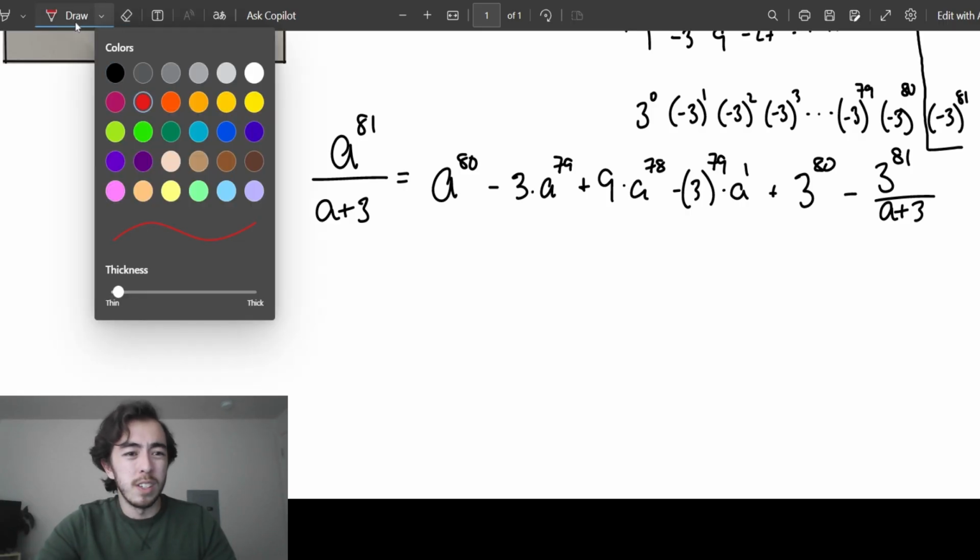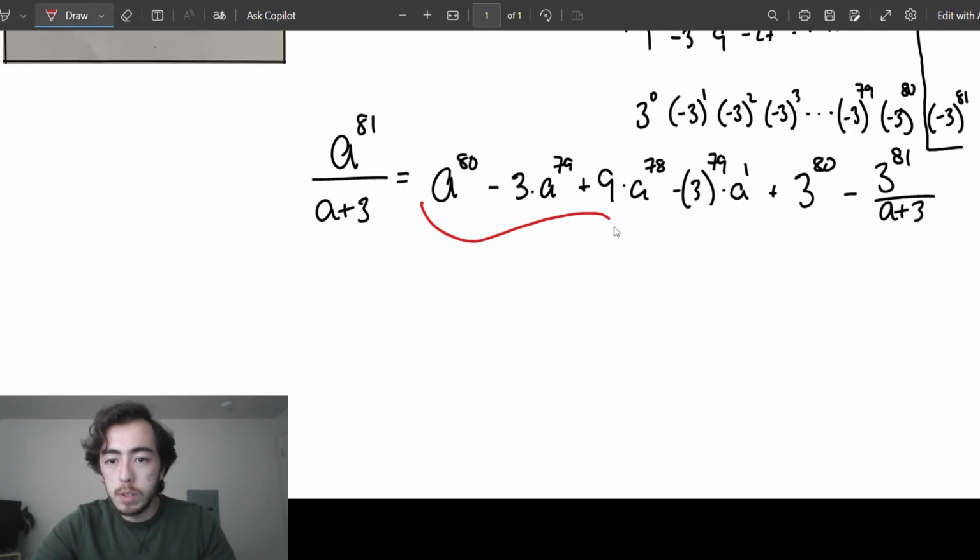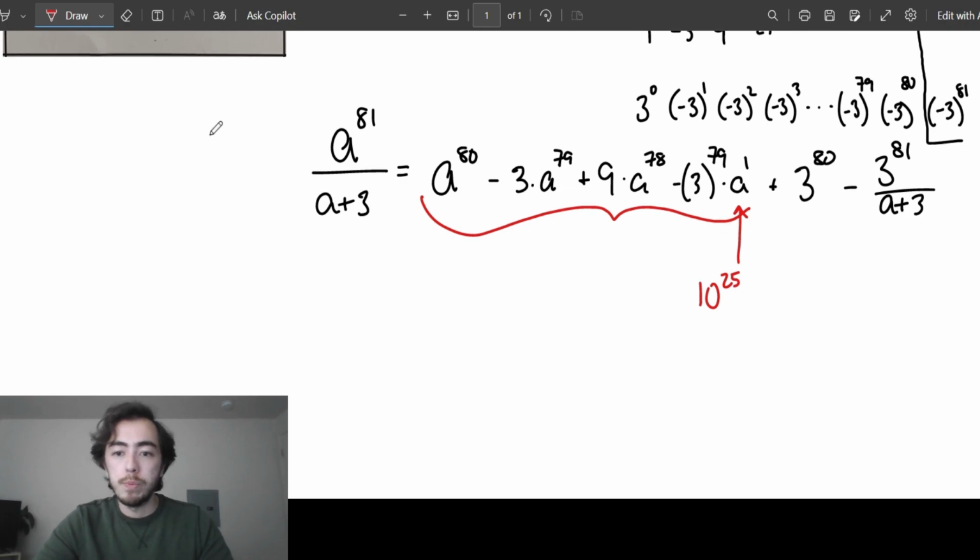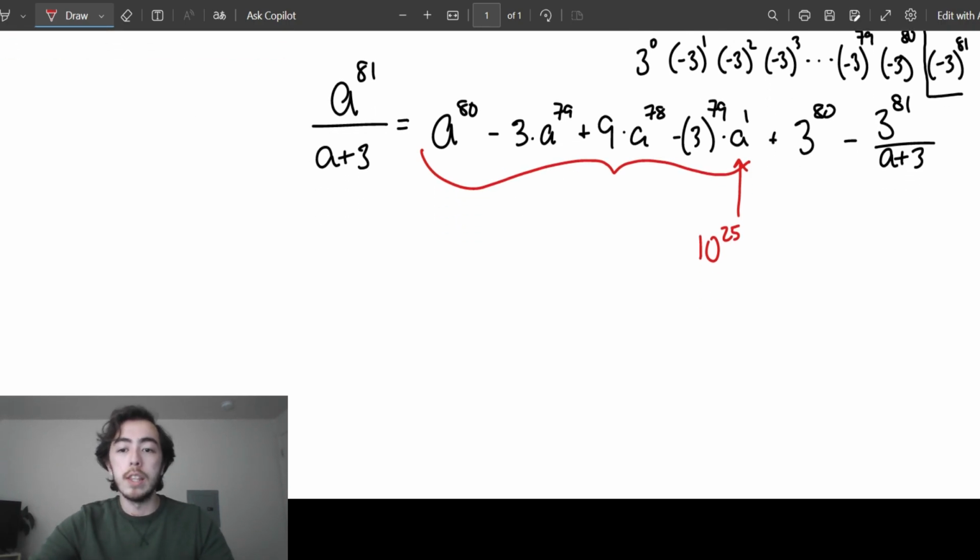And importantly, all of these numbers are whole numbers whose digits start, I think, in the 26th place. Because all of these have at least an a in them, and a is 10 to the power of 25. And so if I multiply anything using a smaller power of 10, say 10 cubed, this would just be 9,000.